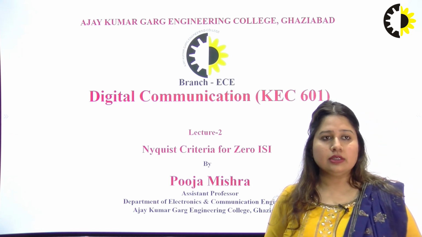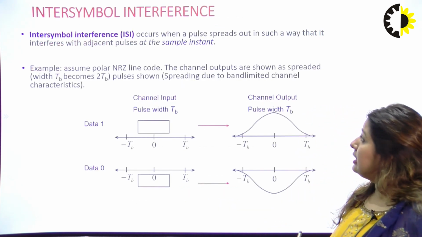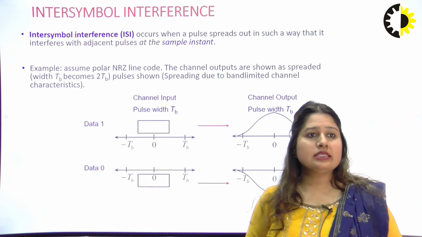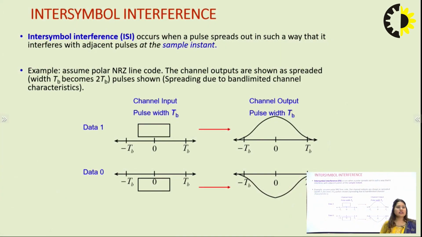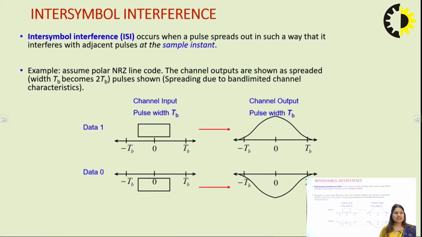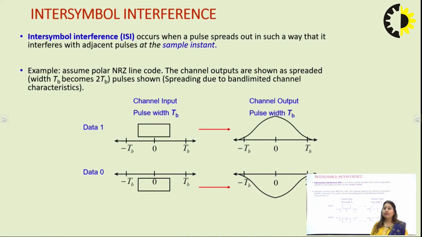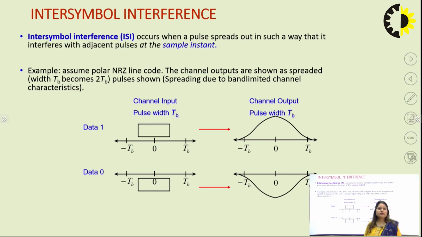Next, we can see from the figure what intersymbol interference is. Intersymbol interference occurs when a pulse spreads out in such a way that it interferes with the adjacent pulses at the same sample instant. Whenever data is sent from a transmitter to a receiver, it is sent in the form of pulses in digital communication.